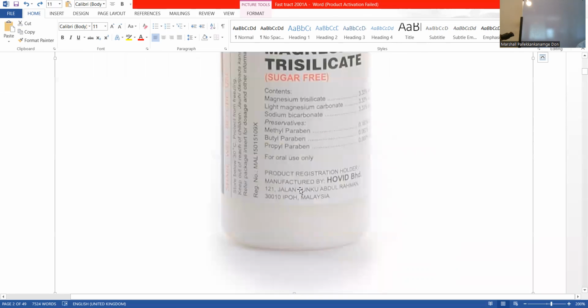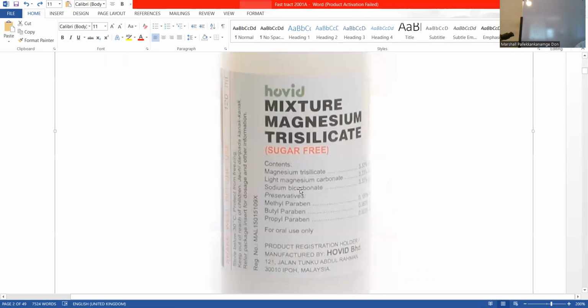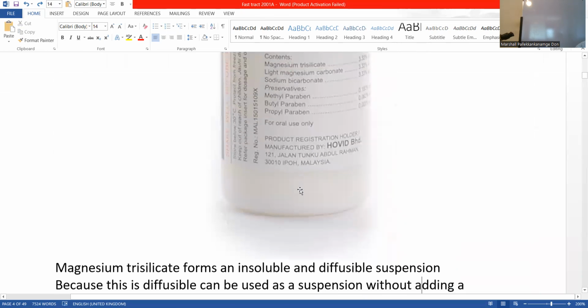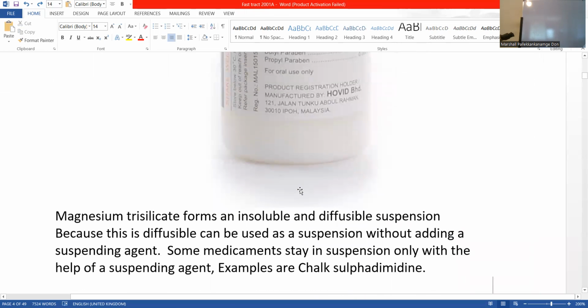That is true. This is a magnesium silicate suspension. So magnesium trisilicate forms an insoluble and diffusible suspension. Insoluble and diffusible means you can take a pourable dose without the help of another suspending agent.